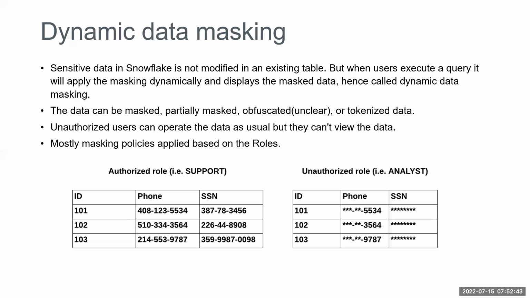Mostly, masking policies are applied based on roles. Even though we are discussing conditions, in real time these masking policies are mostly applied based on roles. We have so many roles, as we discussed over the last 3 days: developer role, tester role, analyst role, end user. End users definitely need the data, so they can see everything.